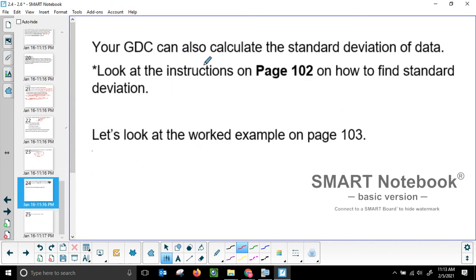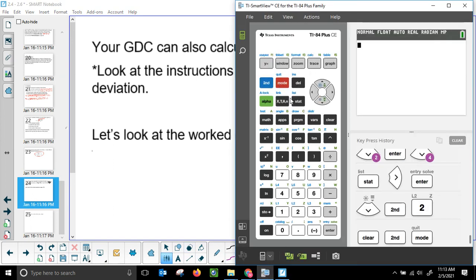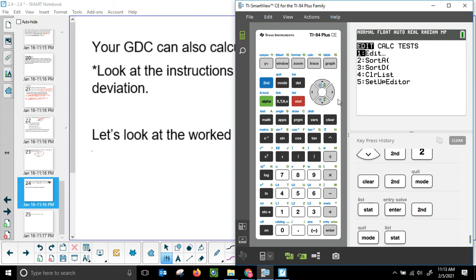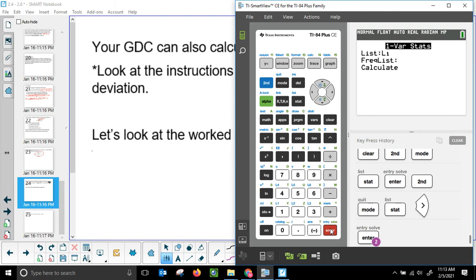Your GDC can also calculate the standard deviation of data. To do the standard deviation, you really do kind of what we've already done before. So we'll just do it for this. These were the goals that were in there from that one example. But if you just do calculate your one variable stats, S sub x means the standard deviation of the x's, and that's what IB is going to call it.